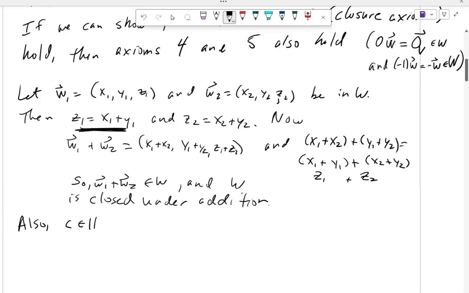So let's see here. Remember, all of our scalars are going to come from the real numbers here, okay? I've already got my W1 defined, so I might as well just use that again. What is C times W1?